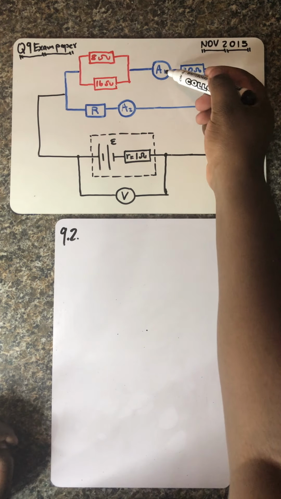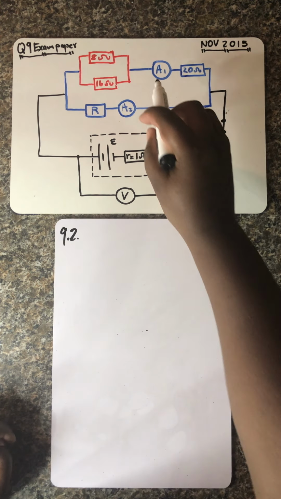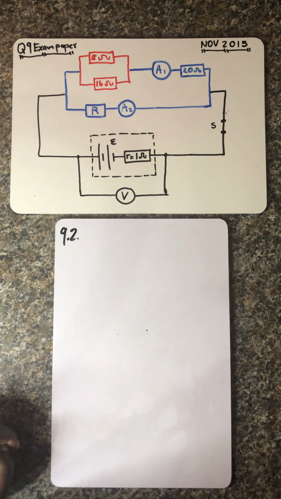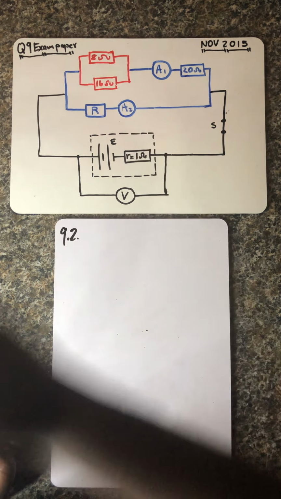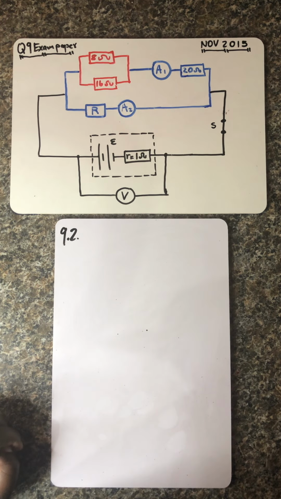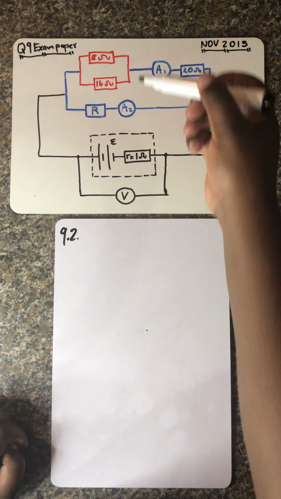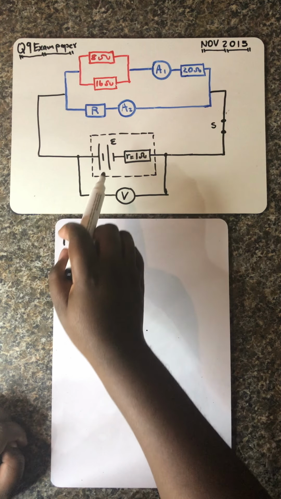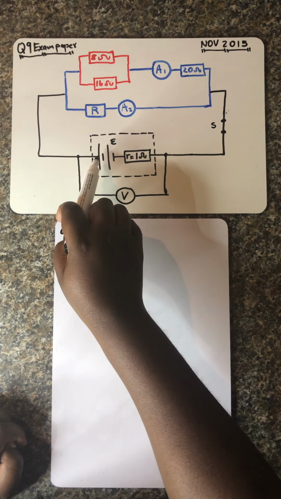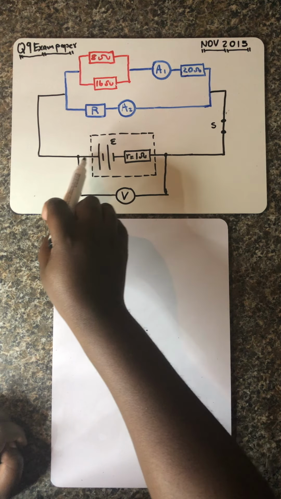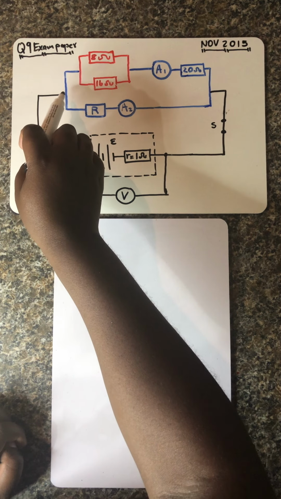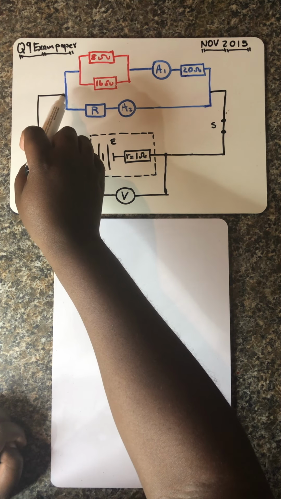Then you know you've got 2 ammeters. Where's ammeter 1? There's ammeter 1. What does an ammeter read? It reads the current flowing there, okay? So ladies and gentlemen, it's very, very important that you know the current flows from positive to negative. So that means the current will go in that way. When it gets there, it splits, okay?